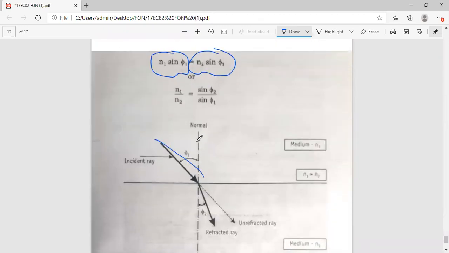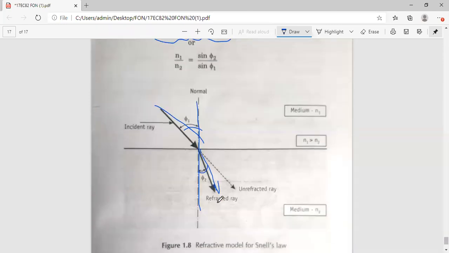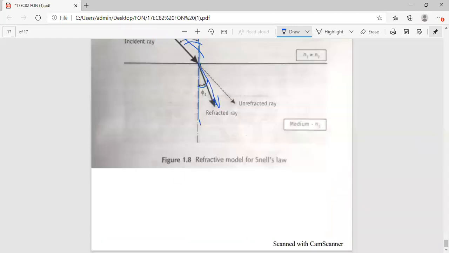This is your incident wave, this is your normal, a reflected wave, and a refracted wave towards the normal, with phi1 and phi2. So this is the relationship between refractive indices and the angles of incidence and refraction. This is about Snell's law.